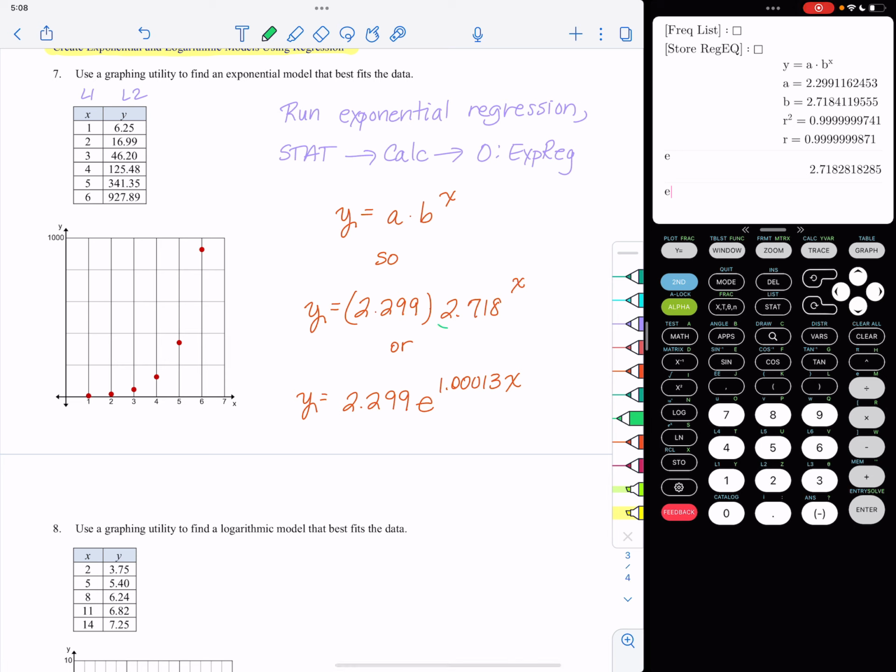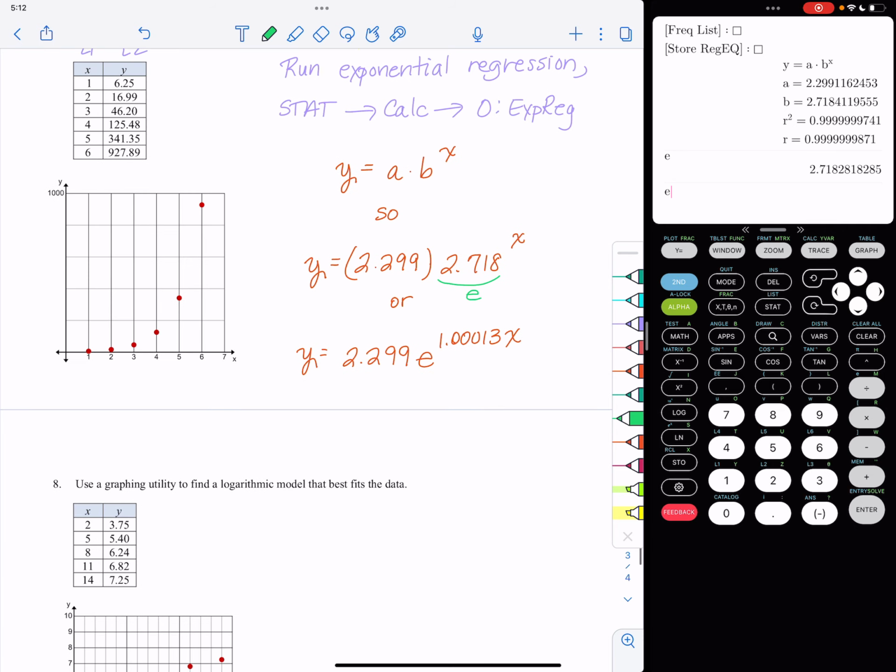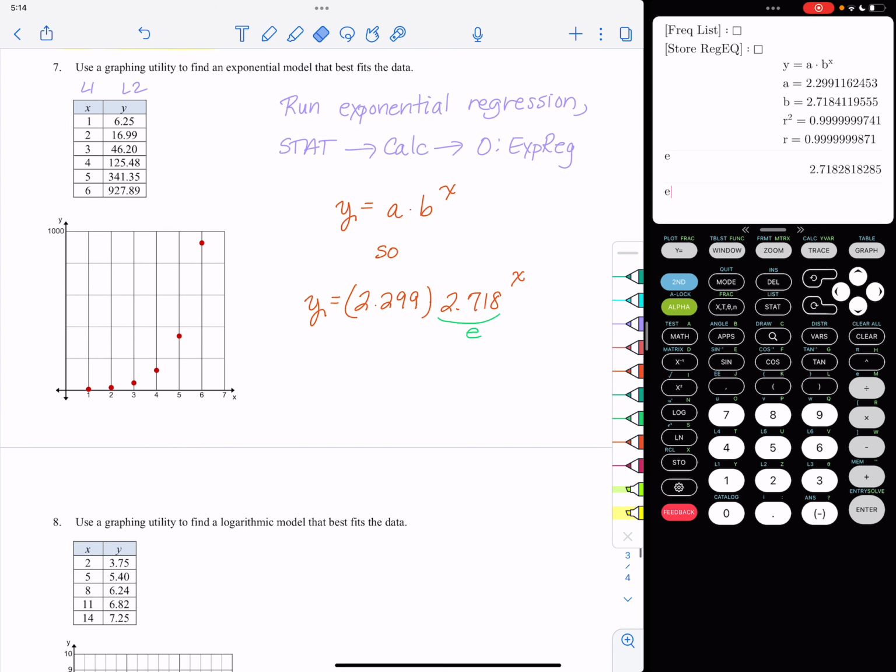So there you see that this is just e. Actually, we'll just go ahead and wait on that, okay? So let's just leave this. We can notice that that's e. Let's just leave that like that.